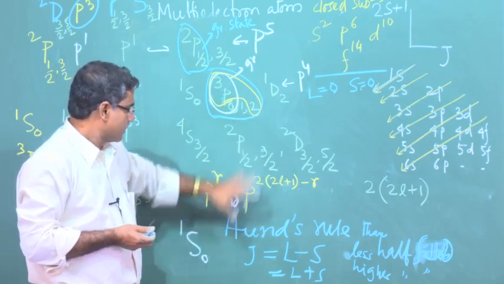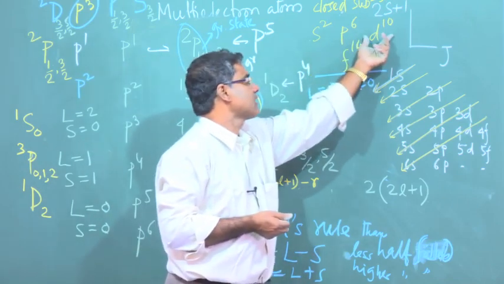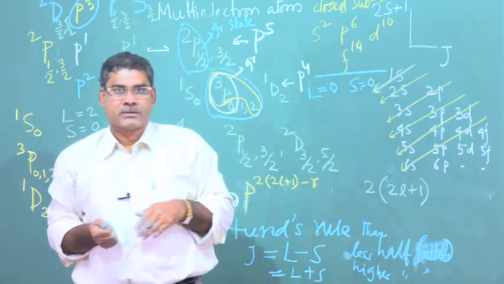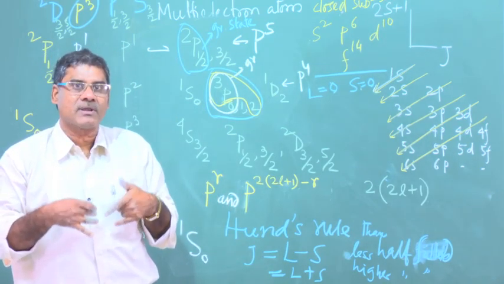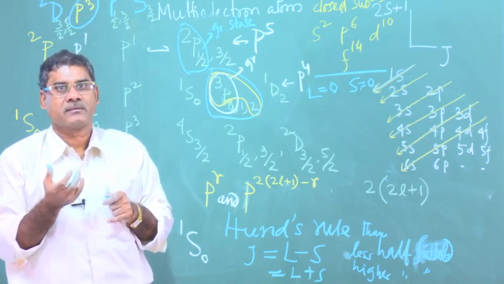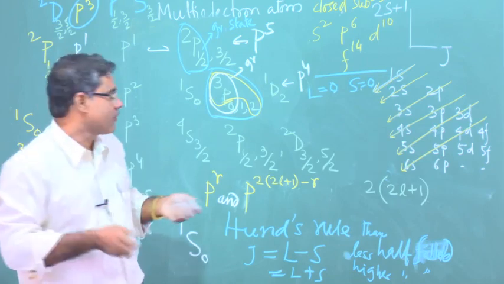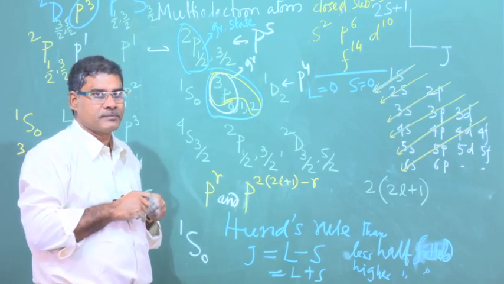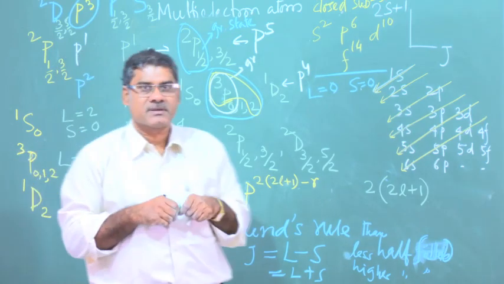That is valid for all subshells, whether it is D or F. So, this is the way one has to find out the ground state of a multi-electron atom, for any atom having many electrons.